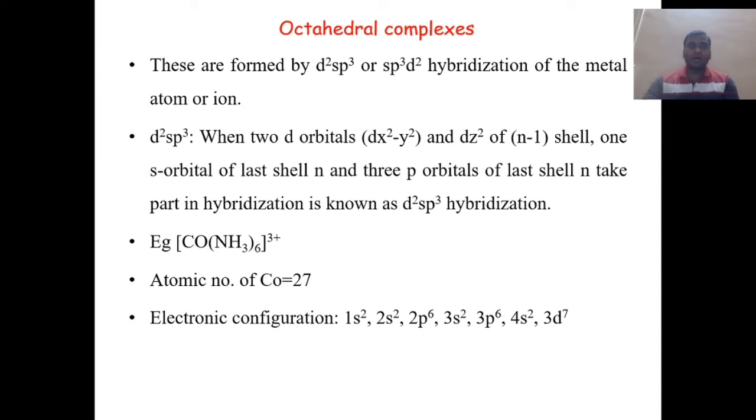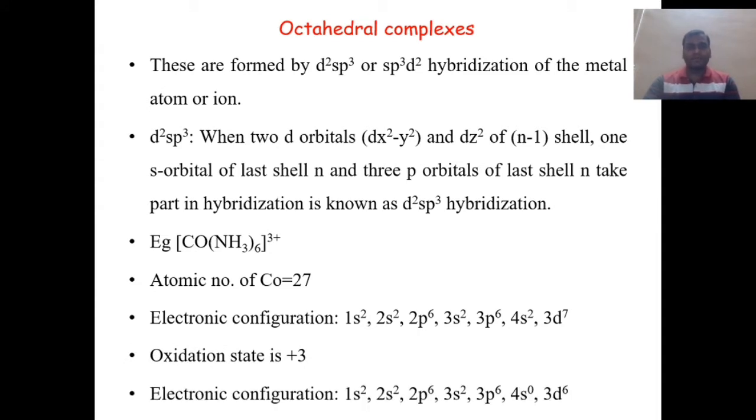So its electronic configuration in the +3 oxidation state is 1s2, 2s2, 2p6, 3s2, 3p6, 4s0 and 3d6.